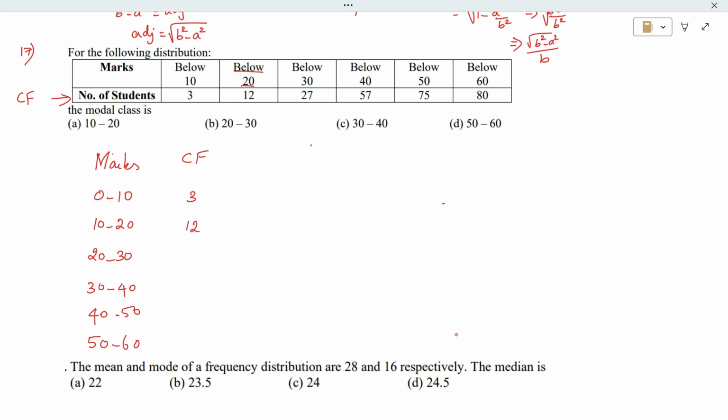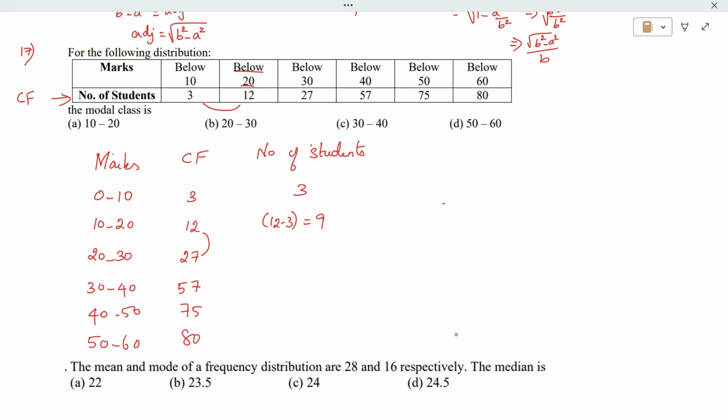So first let me write the cumulative frequency which is given here. 3, 12, 27, 57, 75, and 80. Now I need to find the proper number of students for each interval. Okay, 0 to 10 is 3, so I'm just keeping it as it is. 10 to 20. So see here, below 20 is including below 10, right? Now I need only 10 to 20, so I have to subtract. So 12 minus 3, that is equal to 9, isn't it?